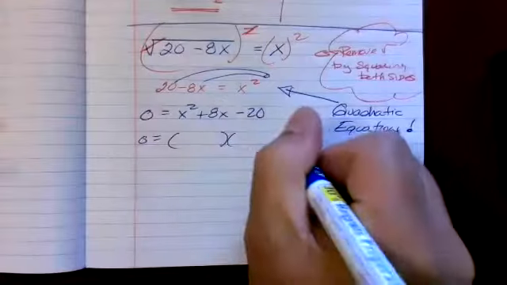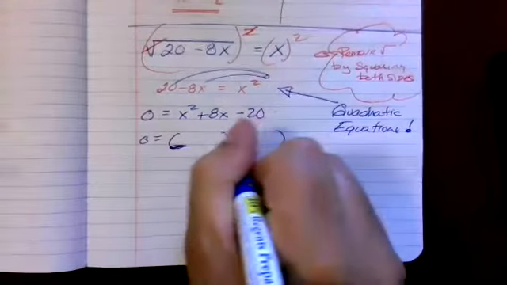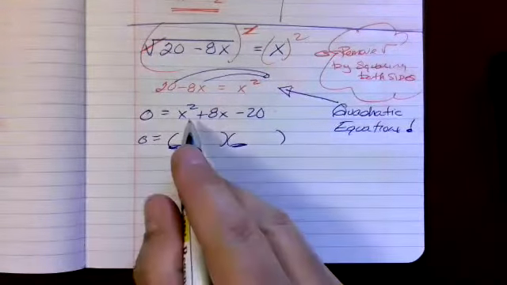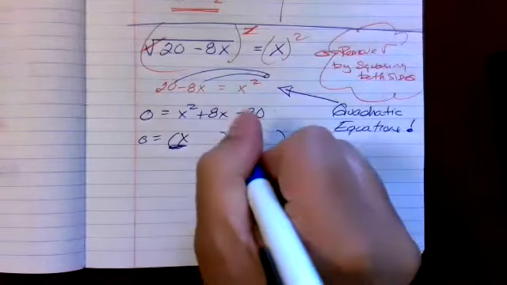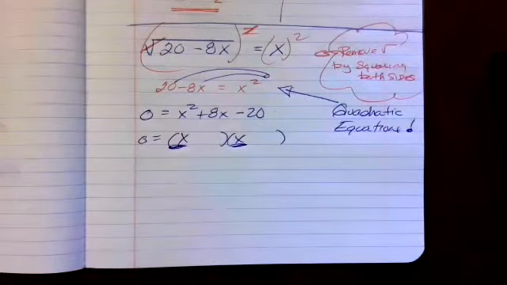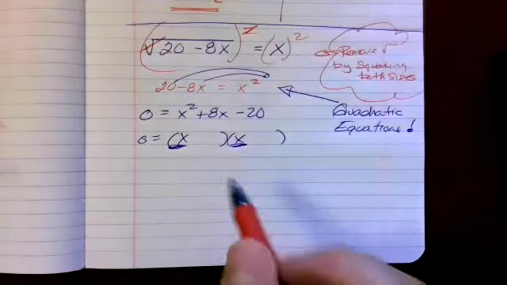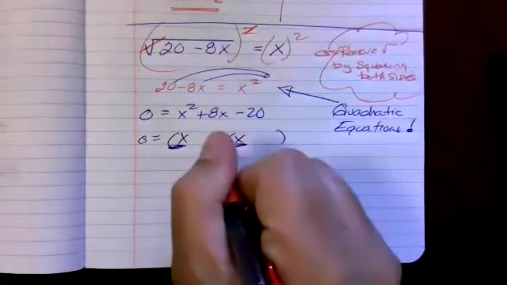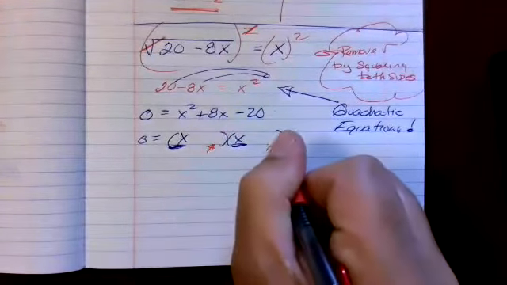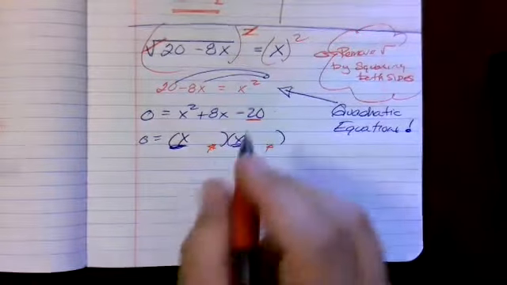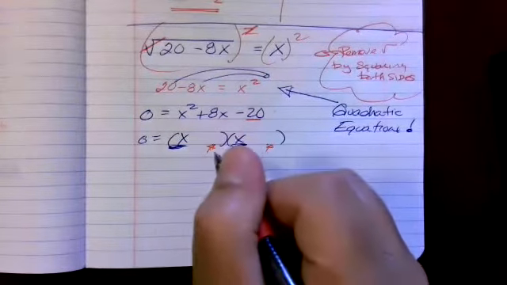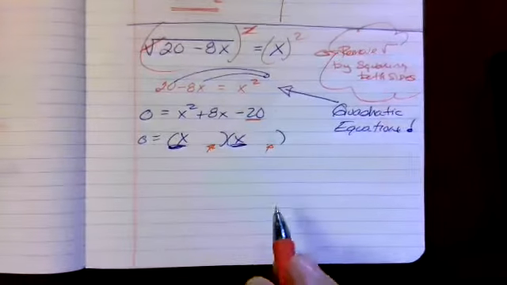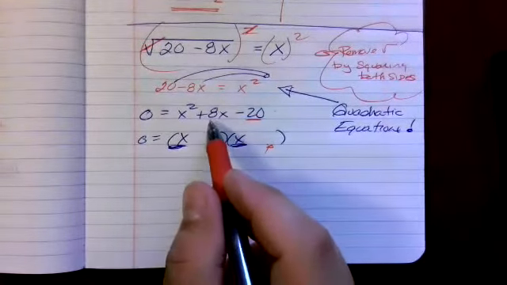So I make 2 sets of parentheses. What I put here and what I put here has to give me x squared. So x times x. And then what I put here and what I put here has to give me my 20. So I could do 5 times 4 or 2 times 10, but it has to add up to an 8.